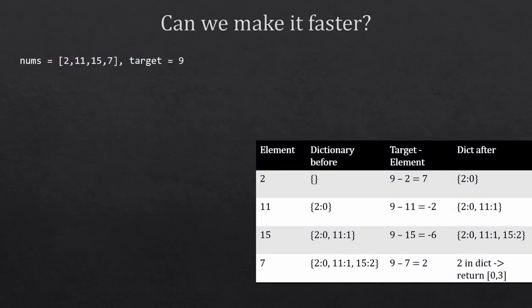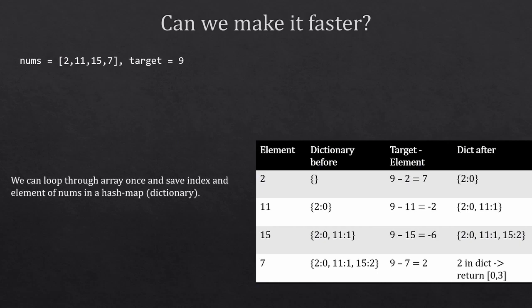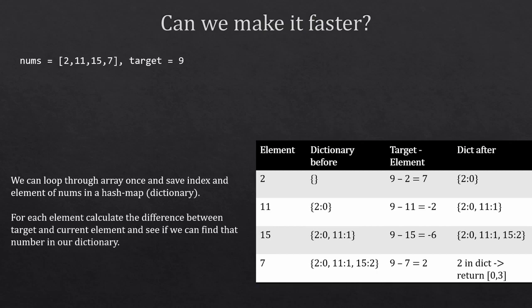In this approach, we can loop through the nums list just once, saving the index and element of nums in a dictionary. For each element, we can calculate the difference between target value and the current element, and we check if this difference exists in our dictionary. As we can see, we start with an empty dictionary.